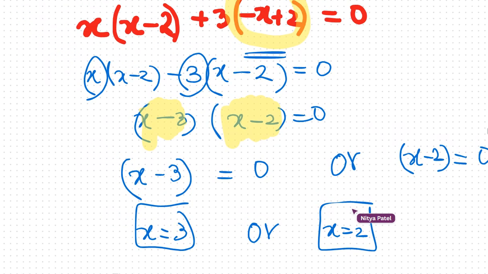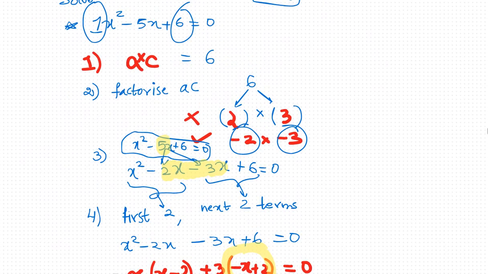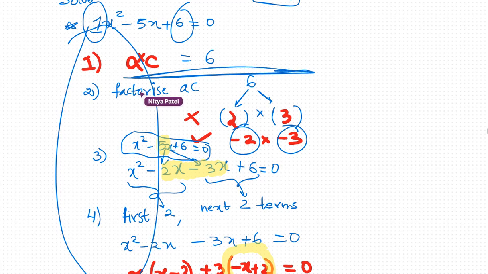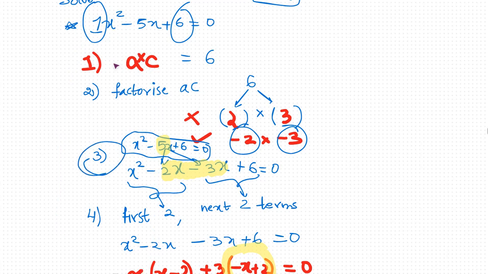So this is the process. Try to remember them. Scroll up here. These steps. First thing is you multiply AC. After doing the product, you have to factorize it into two numbers such that they add up to the middle one. Step number 3 is you split the middle one into the factors you got in step number 2.